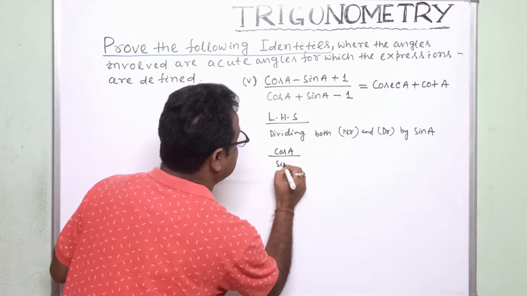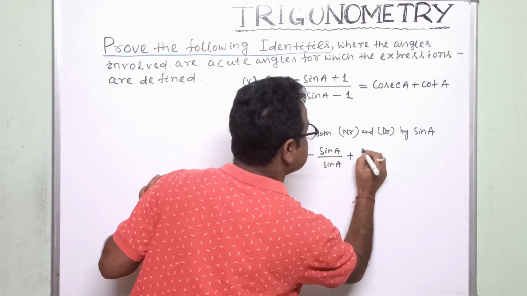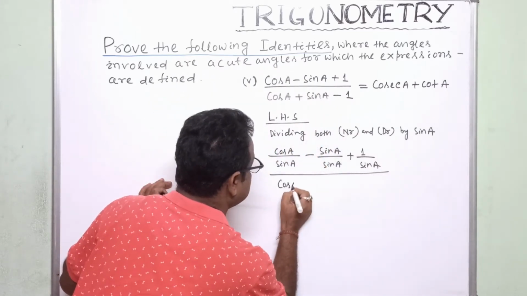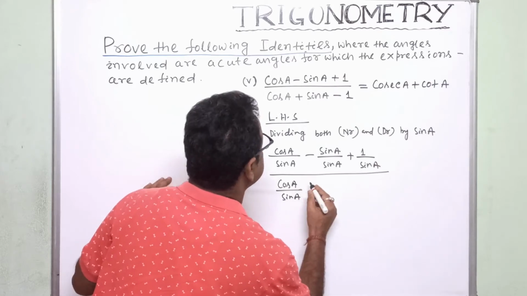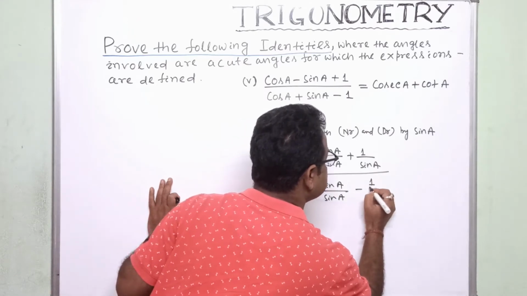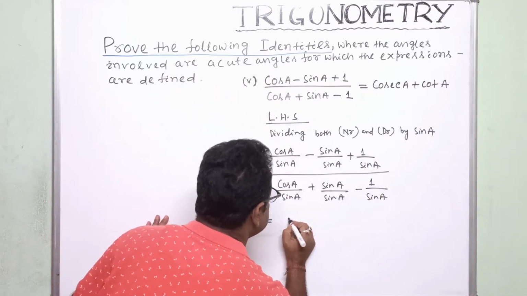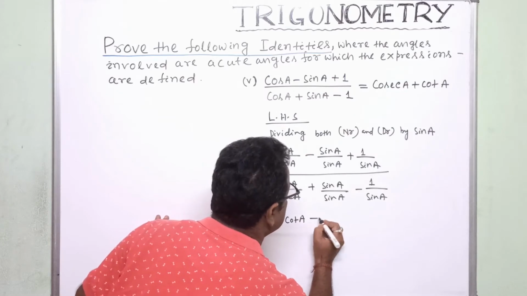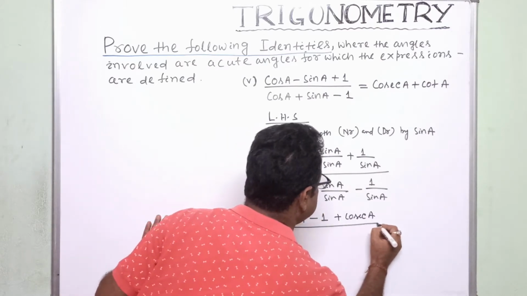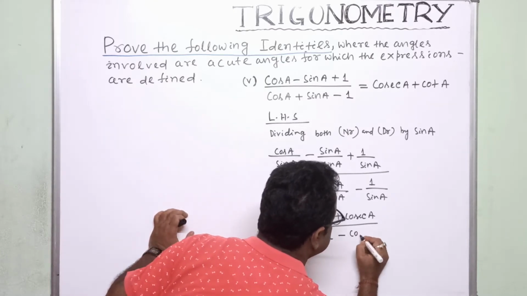Cos A by sin A minus sin A by sin A plus 1 by sin A, whole divided by cos A by sin A plus sin A by sin A minus 1 by sin A. That is equal to cot A minus 1 plus cosec A, whole divided by cot A plus 1 minus cosec A.